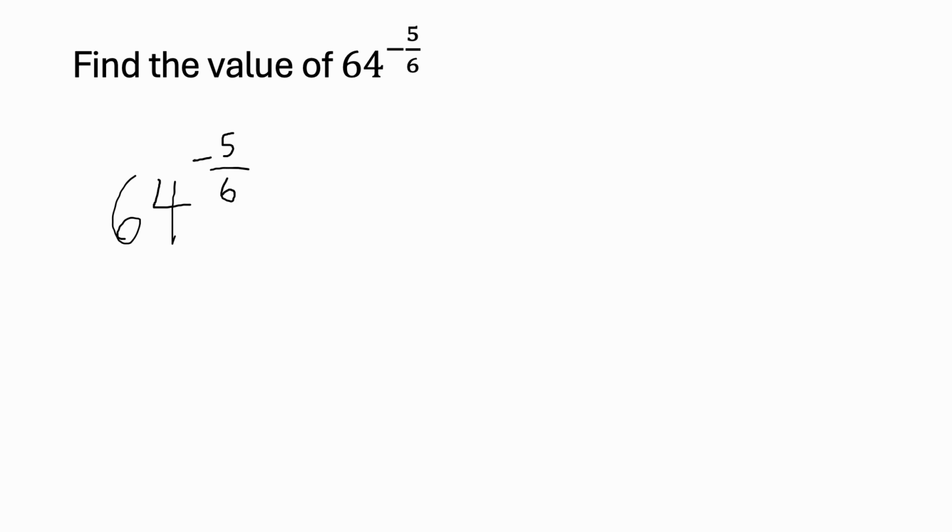I like to split this minus 5/6 into a fractional power, so the 1 over 6, and then to the power 5, and then to the minus 1. So what I'm saying is I will split this into 64, then I do the fractional power first, and then the power, the 5, and then the minus 1.